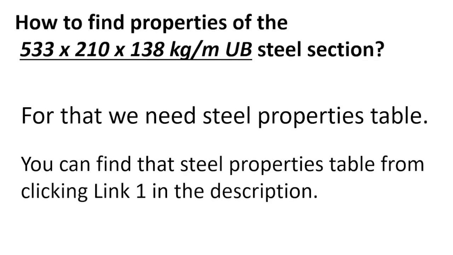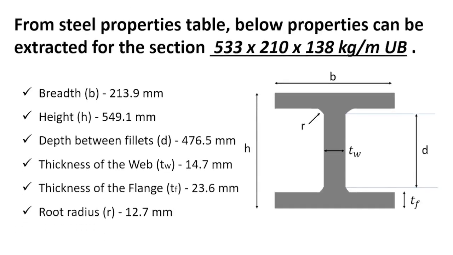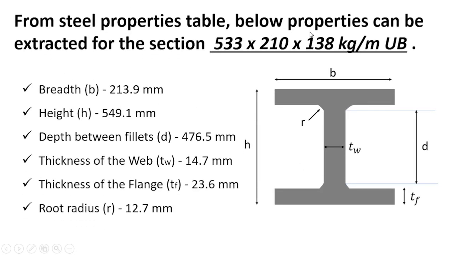Okay, now you know how to get properties. From the steel properties table, the below properties can be extracted for the section 533 210 138 UB. I already wrote the properties here. You can check, and if there is any wrong property, you can tell me in the comment section.